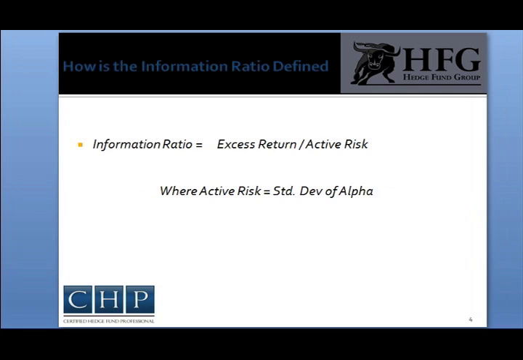The information ratio was created by William Sharpe as an extension to his famous Sharpe ratio. Both risk-adjusted metrics use similar formulas, with the only difference being the numerator of the Sharpe ratio and the information ratio, which is the choice of the benchmark.